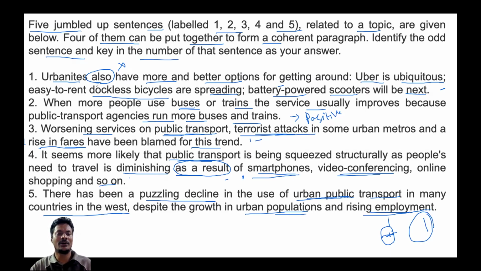So option 1 stated that urbanites also have more and better options for getting around. Uber is ubiquitous, easy to rent, dockless bicycles are spreading, battery-powered scooters will be next, right? So these are reasons why they are not using urban public transport. So one could be one of the reasons, right?